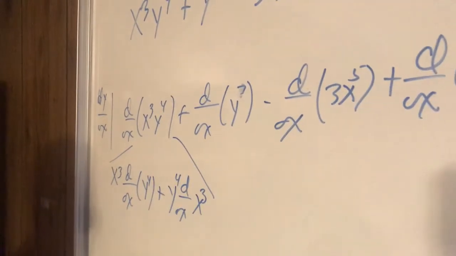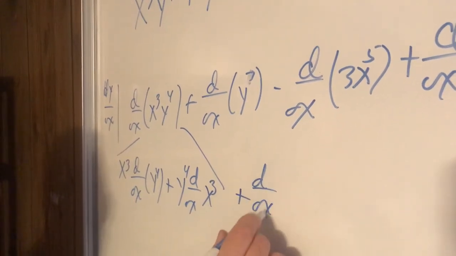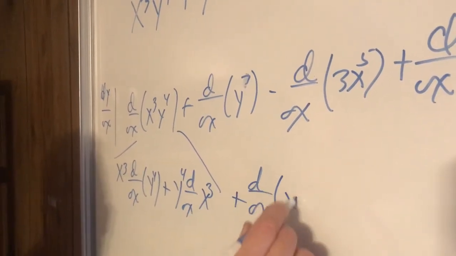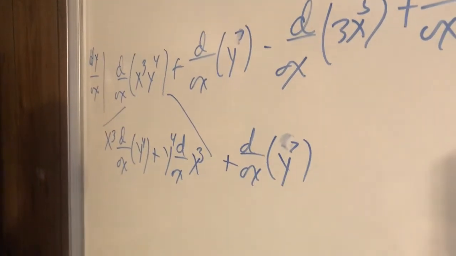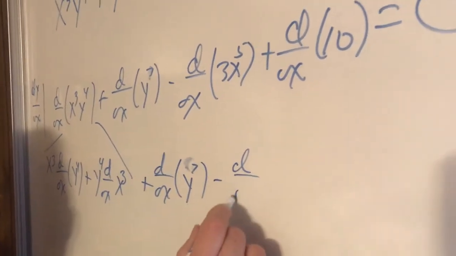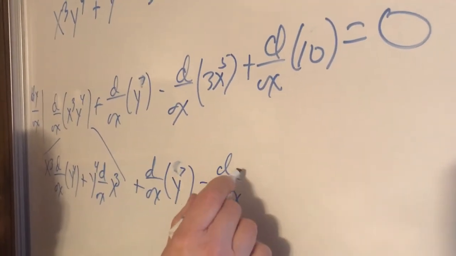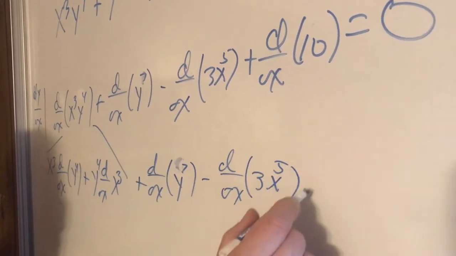Now we have to take care of this, which is the derivative with respect to x of y to the seventh minus the derivative with respect to x of 3x to the fifth, and the derivative of the constant is 0.